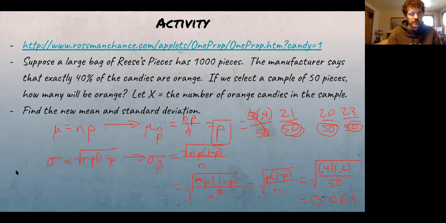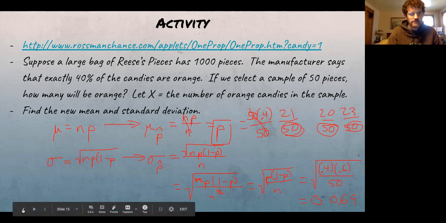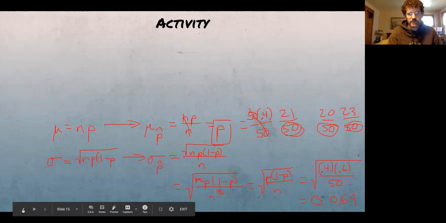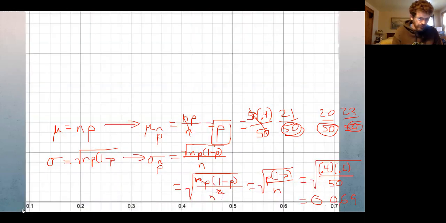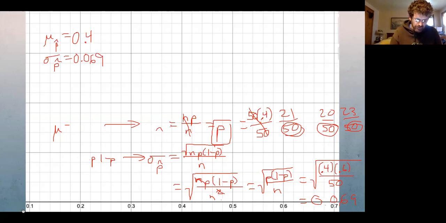If I go back to this graph, I will write over here that the mean for our proportions is 0.4. The standard deviation for our proportions is 0.069, and we can erase the rest of this over here.